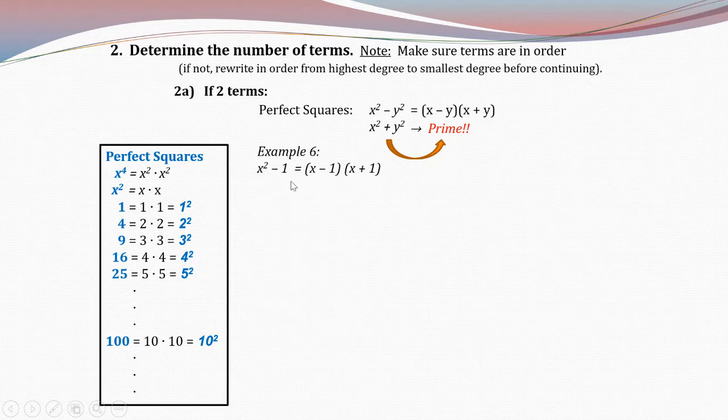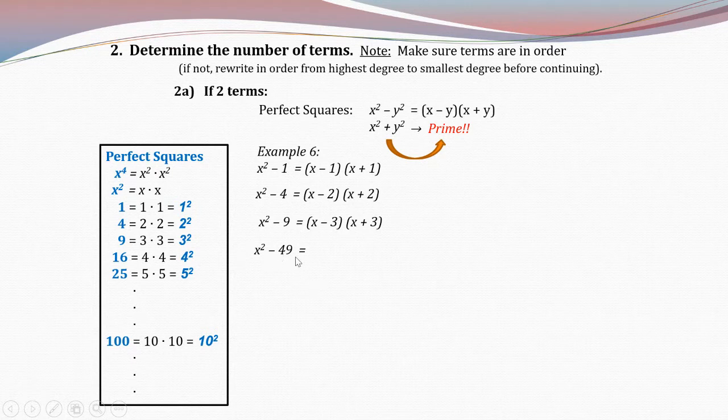So example 6. X squared minus 1 is going to be x minus 1 and x plus 1. X squared minus 4 will be x minus 2 and x plus 2. X squared minus 9 will be x minus 3 and x plus 3. What would that one be? Can somebody put in the chat?